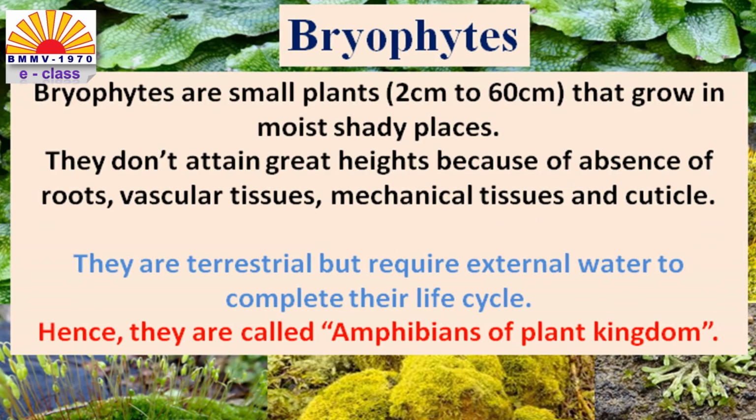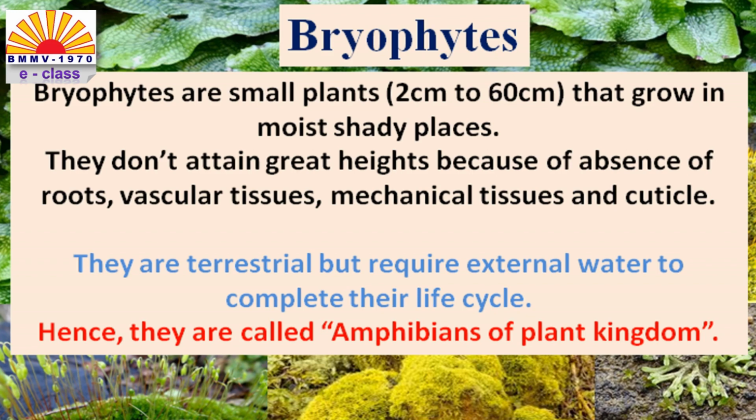What are bryophytes? Bryophytes are small plants, that is, they can photosynthesize. They are very small, starting from 2 cm to 60 cm or even more sometimes, but they grow in moist and shady places. Moist place means that there must be some water, and they grow away from the direct sunlight.